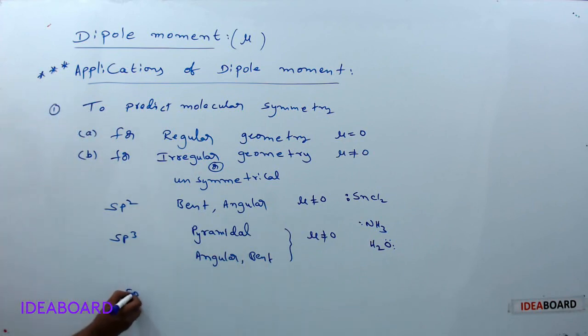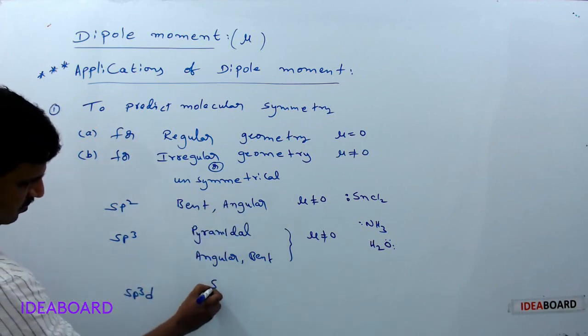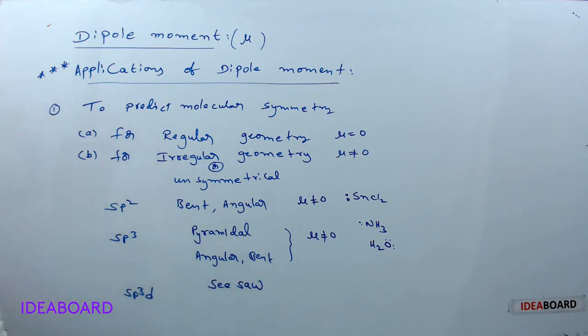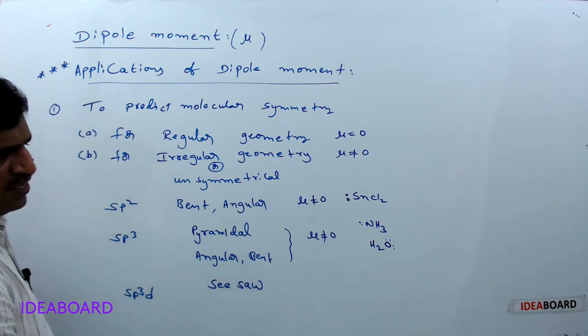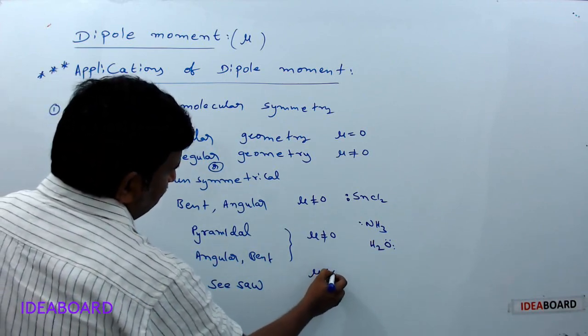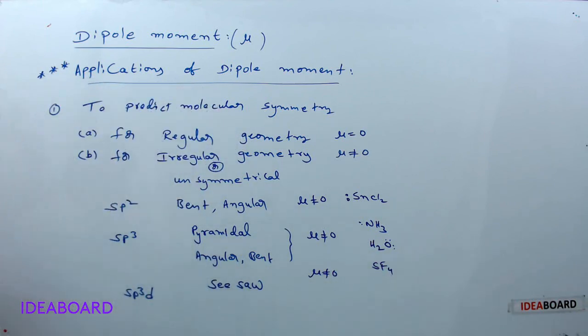And next, for sp3d hybridization, the irregular or unsymmetrical geometry is seesaw shape. If this seesaw shape is present, then also their dipole moment is not equal to 0. Example is SF4.